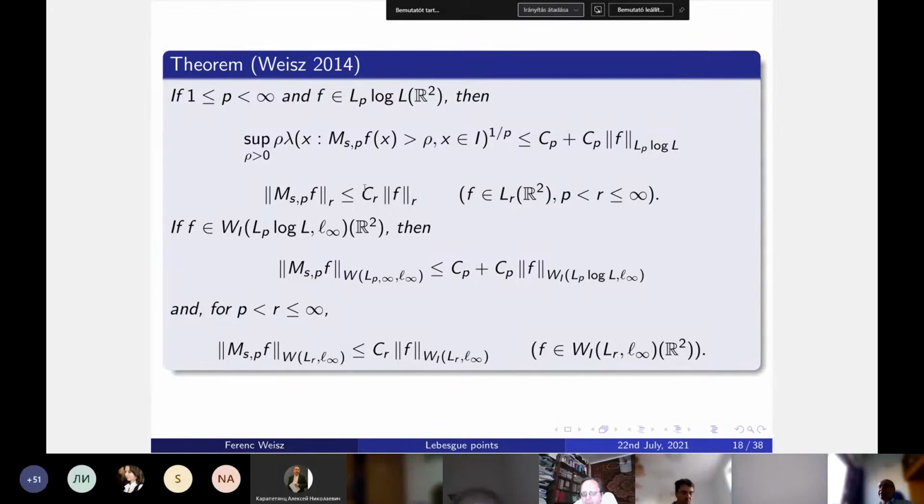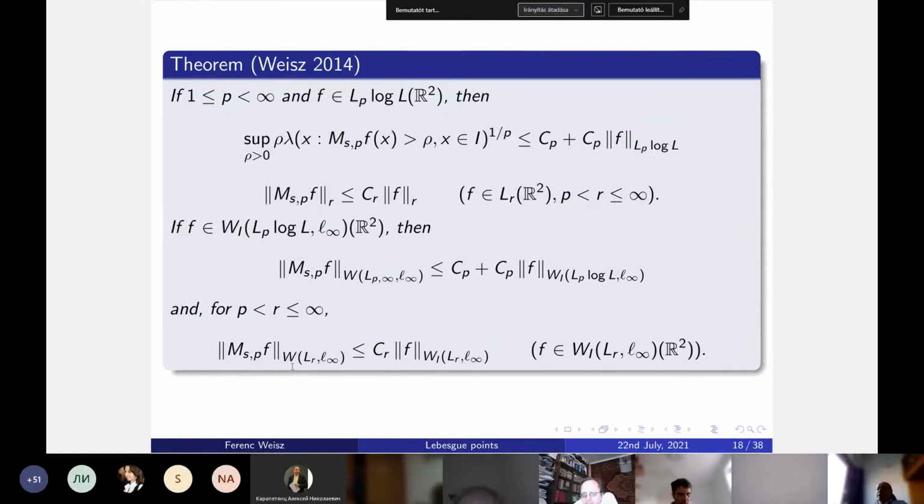But we can also generalize these inequalities for the Wiener amalgam spaces. And here I have to use the iterated Wiener amalgam spaces. So this was the reason that I introduced the iterated spaces.